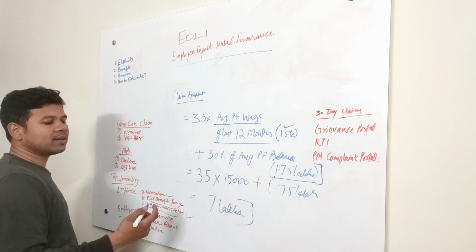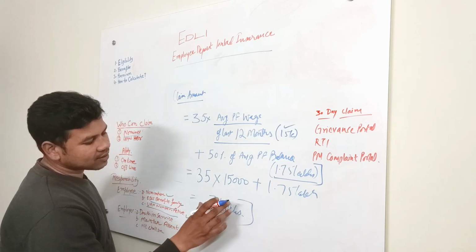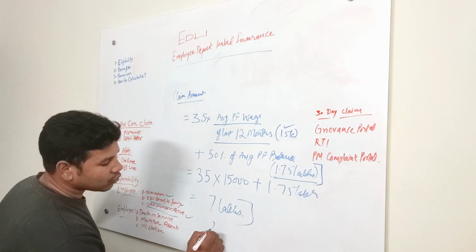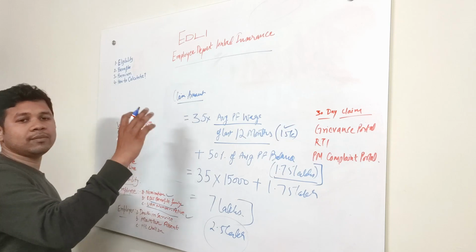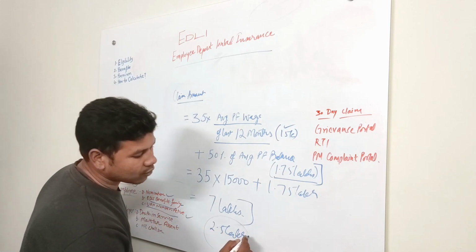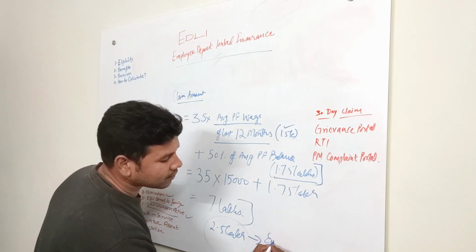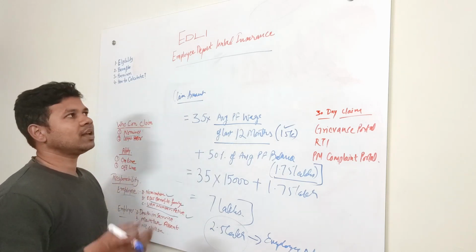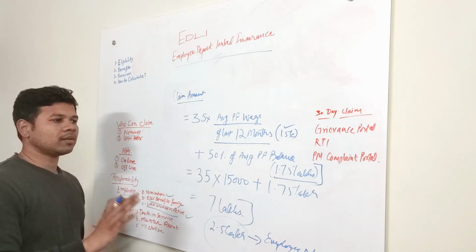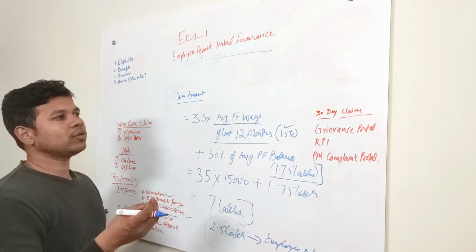So the claim amount is 7 lakh rupees. In case this calculation comes under 2.5 lakh rupees, then the EDLI scheme will pay at least 2.5 lakh rupees to that employee's nominee. So 2.5 lakh is the minimum amount they will pay as an insurance amount on the death of that employee to the nominee.